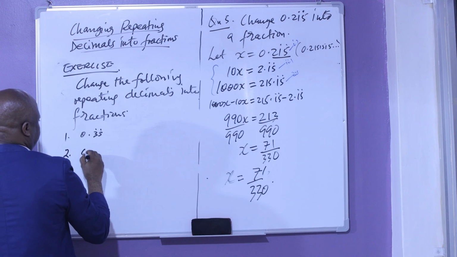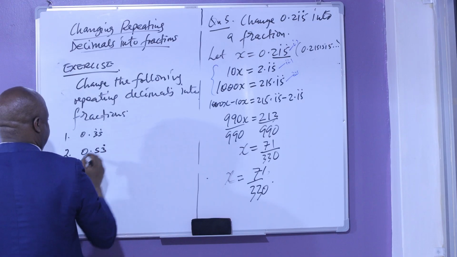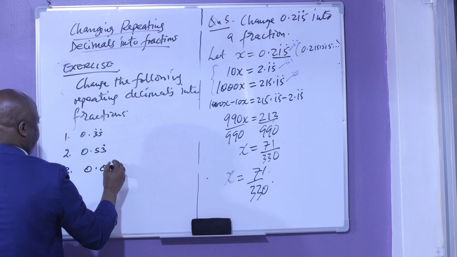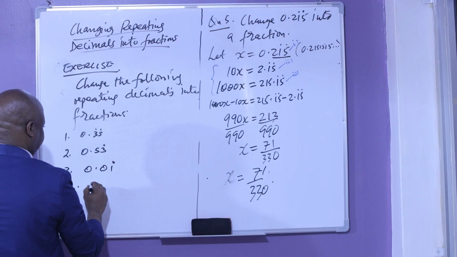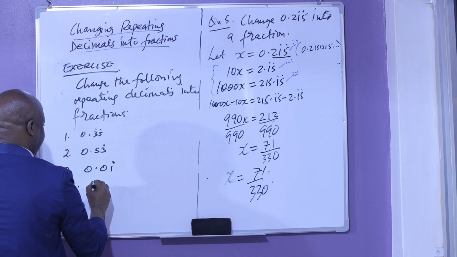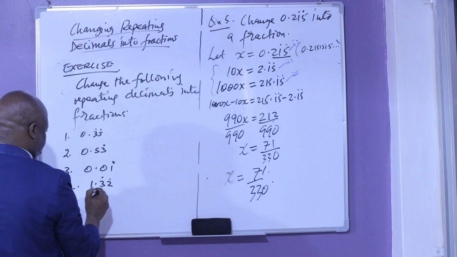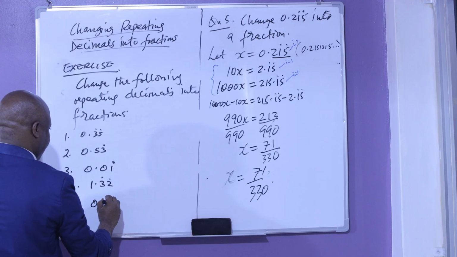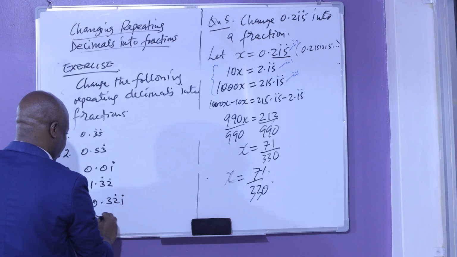Number 2, 0.53 dot. Number 3, 0.01 dot. Number 4, 1.32 dot dot. 5, 0.321 dot dot.